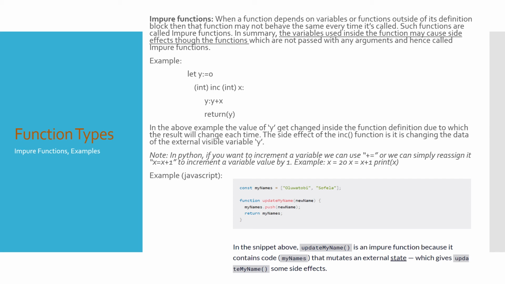Okay. So in Python, if you want to increment a variable, obviously this is just a tip, you can use the plus equal to sign, or you can also reassign saying x is equal to x plus 1. So for example, this is about incrementing a particular variable by 1. Another example is y is equal to y plus 1 as well.